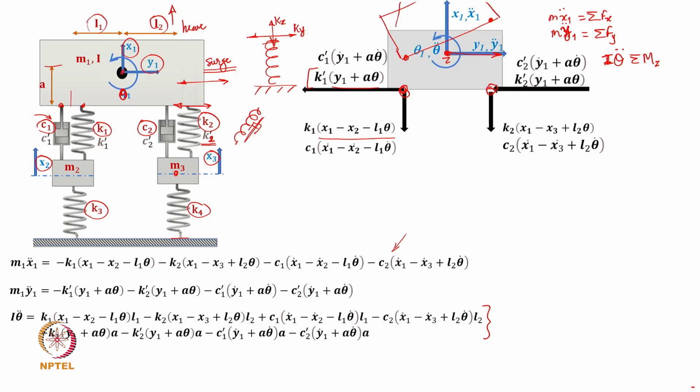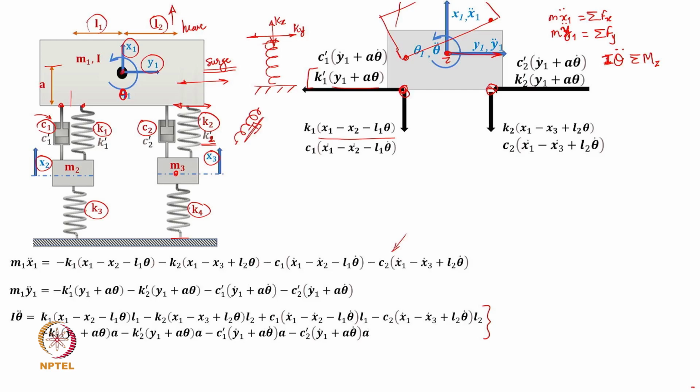Now, having quantified these as K1 and K1 dash, K2 and K2 dash, whenever there is a horizontal y motion, the force in the horizontal or y direction at the point of connection of the spring or suspension is given by this relationship, which is K1 dash into y1 plus a theta.